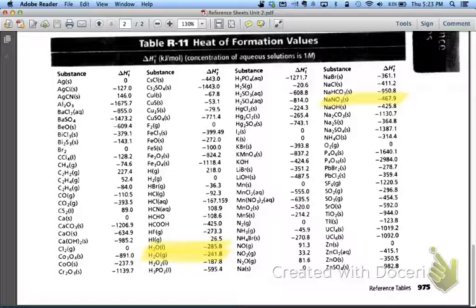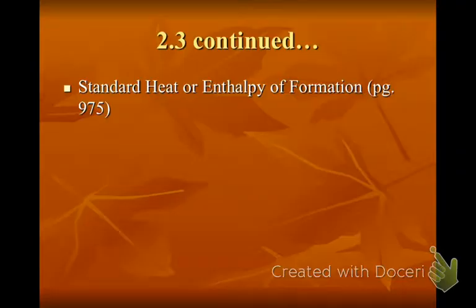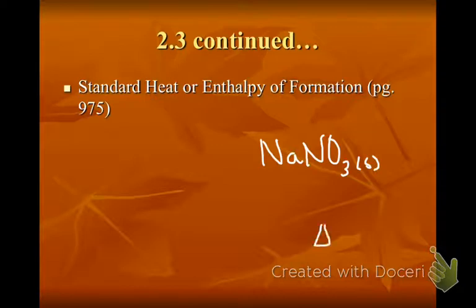And the delta H being negative just means that NaNO3 as a solid is overall more stable than the 3 elements that make it up. And so what I'm going to do is start with Na. I'm only making 1 mole of that. So NaNO3 solid, and we said delta H is negative 467.9 kilojoules per mole.